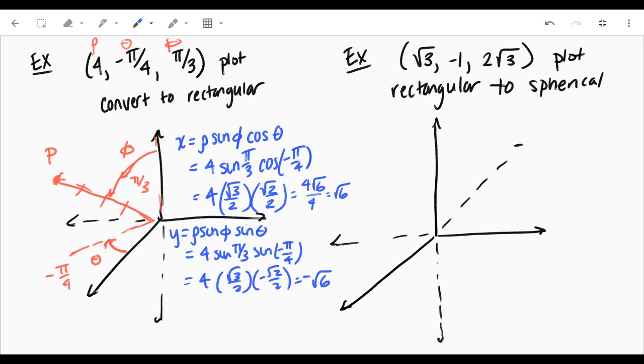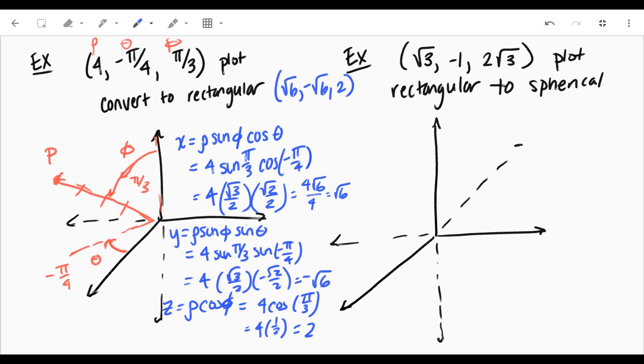And then z will be rho cosine phi. I have it written down in my notes wrong. So 4 times the cosine of pi over 3, so 4 times 1/2, which is 2. Okay, so in rectangular, it would be root 6, negative root 6, 2.